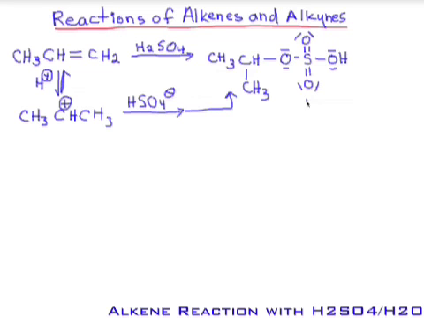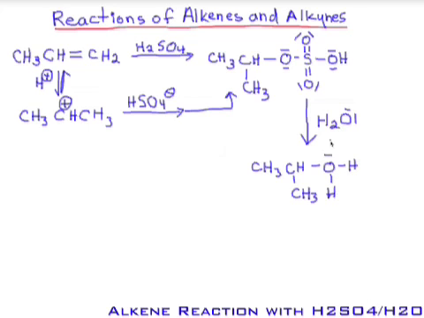Now, if you hit this with H2O and heat, water is a weak nucleophile, but we have a very good leaving group. The H2SO4- will leave and the water will attack, giving us CH3, CH, CH3, OH, H positive.